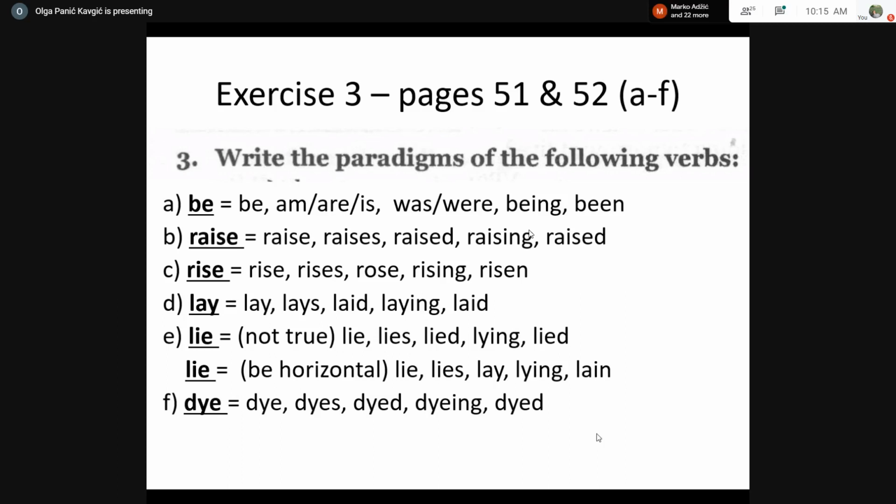Okay. Without E, it would just be dying, D-Y-I-N-G, and that's the crucial difference actually here. Of course, the other forms as well, where you have I, but this ing is usually the biggest obstacle for spelling. Okay, thank you.